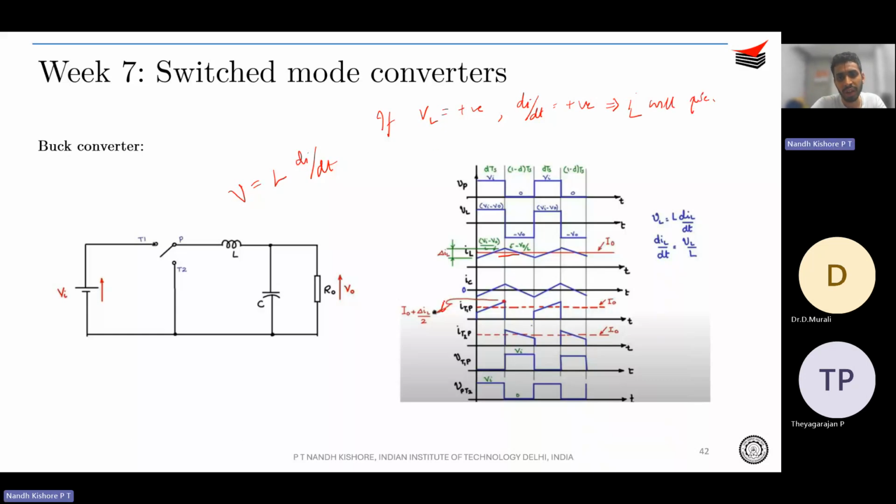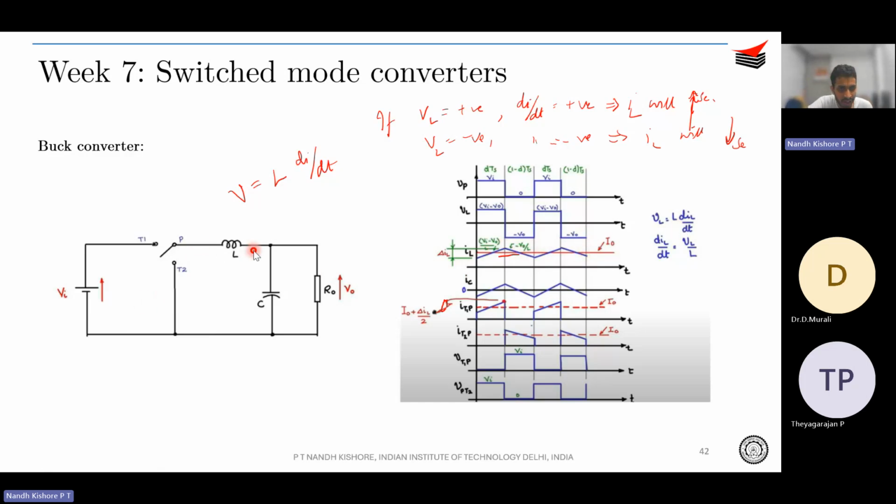And vice versa, if VL is negative, di dt is negative, therefore the inductor current will decrease. So that is why you see over here the inductor current in steady state is increasing during the DTS period and decreasing during the 1 minus D period, and it continues.